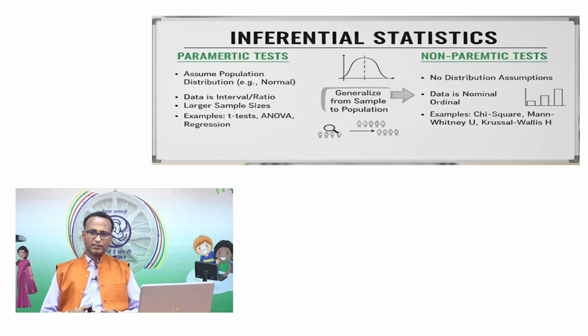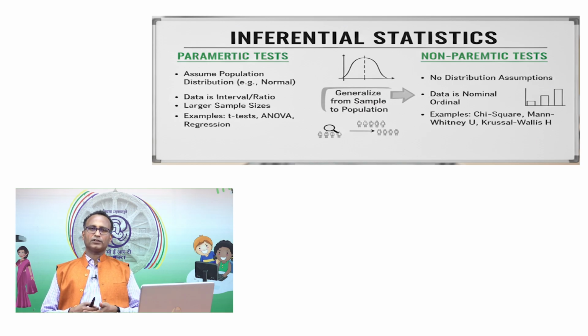One is parametric statistics, another is non-parametric statistics. Both kinds of statistics have their implication and use in the research context. Statistics can be parametric or non-parametric depending on certain assumptions. When certain assumptions are fulfilled, we use parametric statistics.